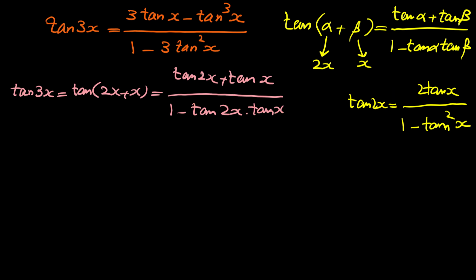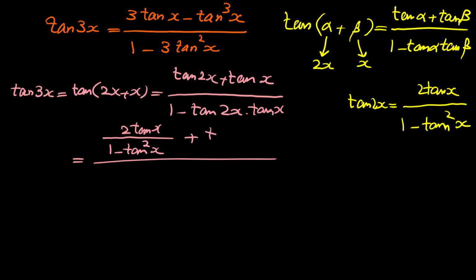So let's do the substitution. So this equals 2 tangent x over 1 minus tangent squared x plus tangent x all over 1 minus 2 tangent x over 1 minus tangent squared x times by tangent x.